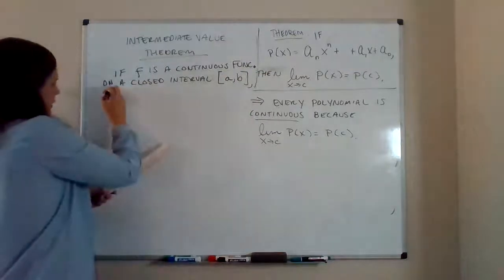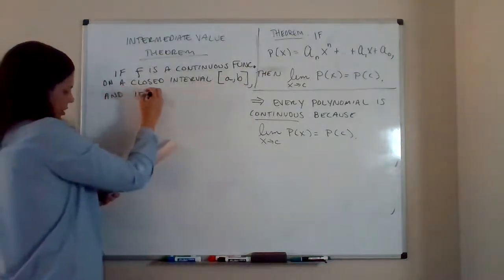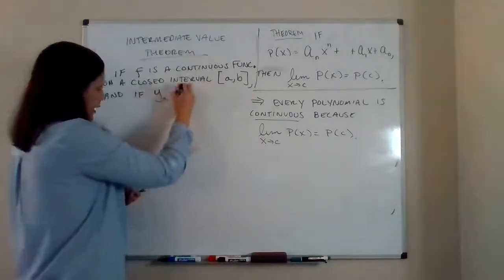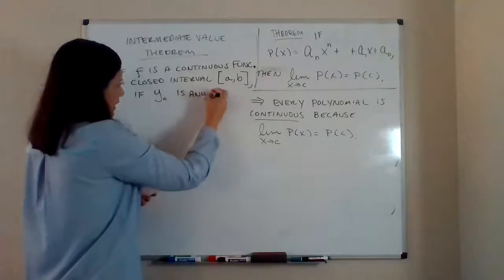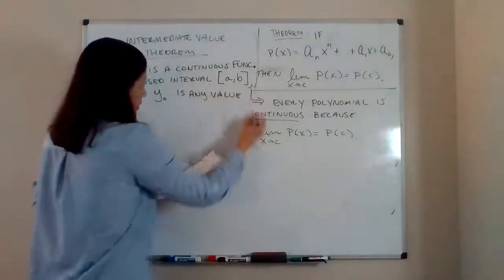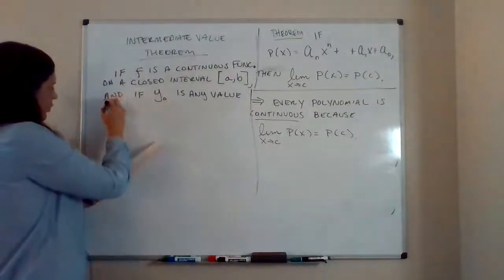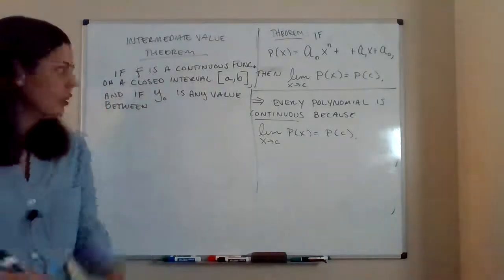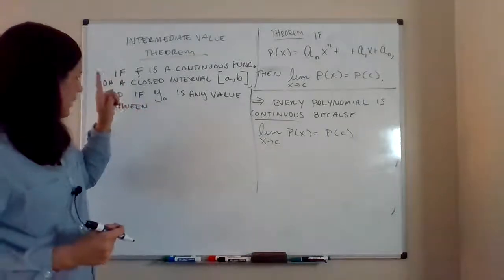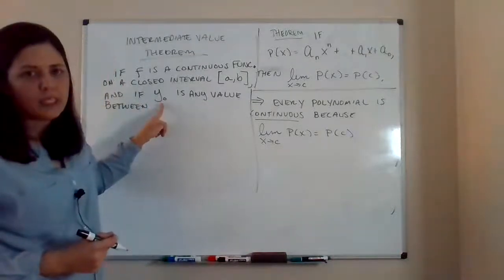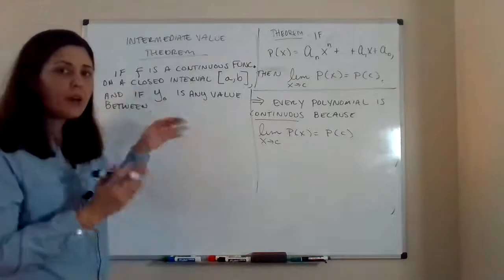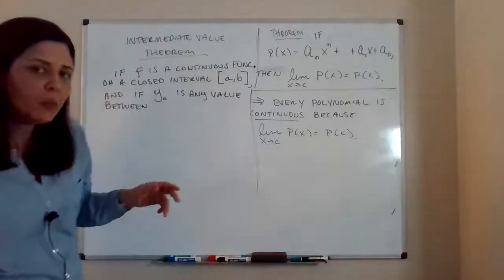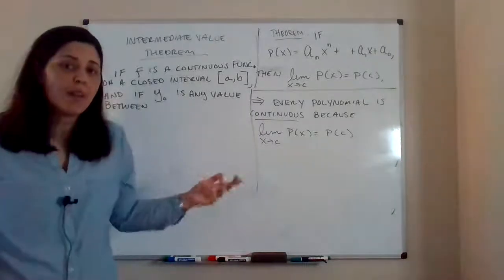Okay. And if y sub 0, we call this y naught usually, so y naught is any value between, and before I keep writing, I'm saying this y value is between two other y values, intermediate value. So it's between two other y values. How do I write y values?